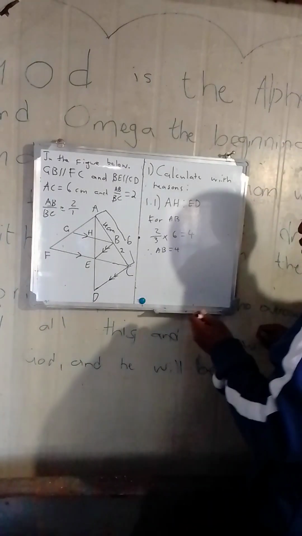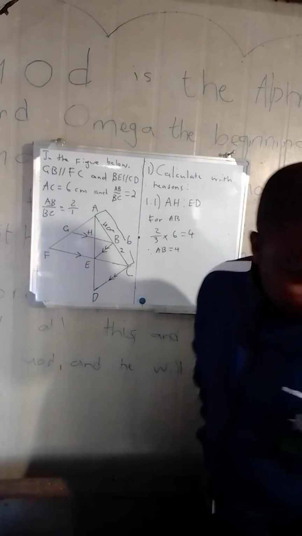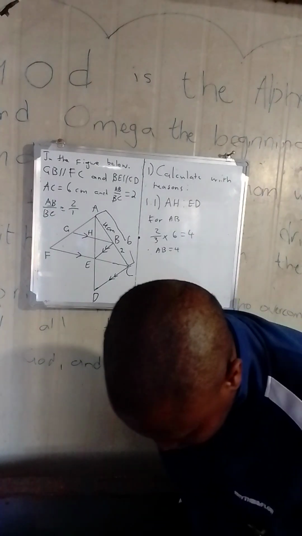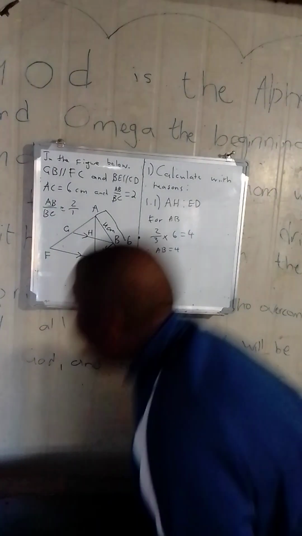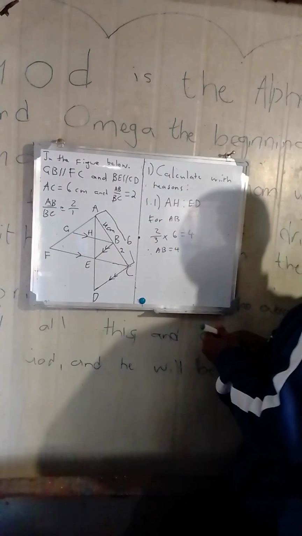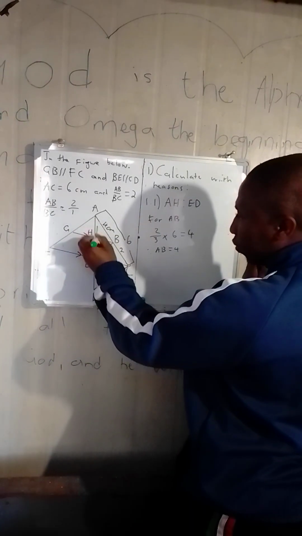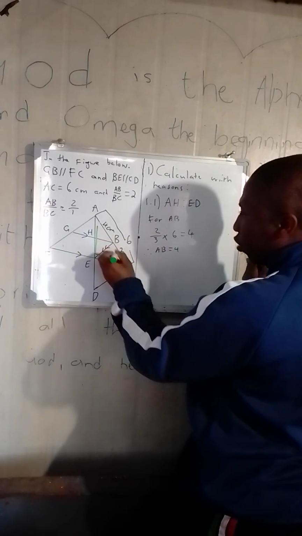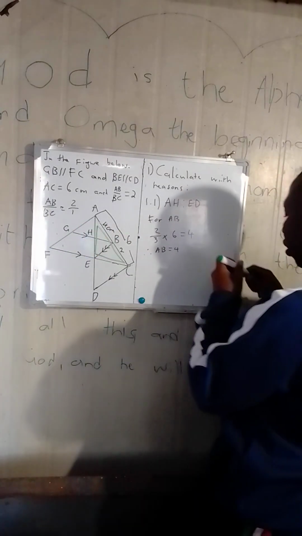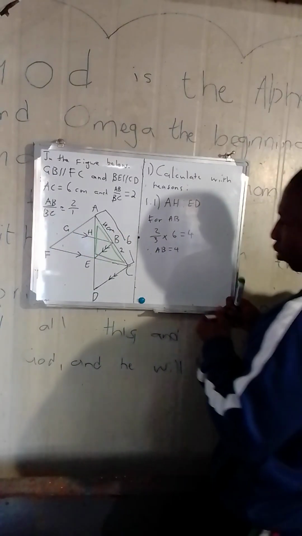If I look at this triangle, if I were to consider this triangle here, let's look at this triangle. Let me draw it aside.